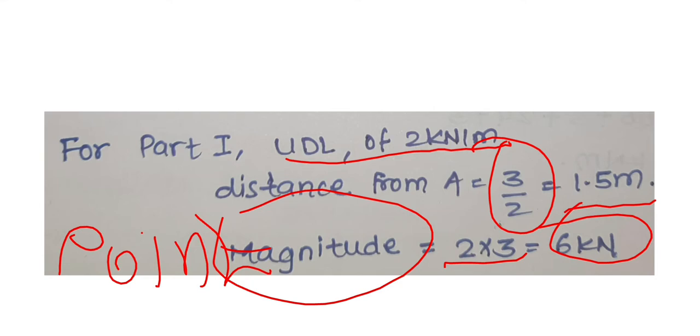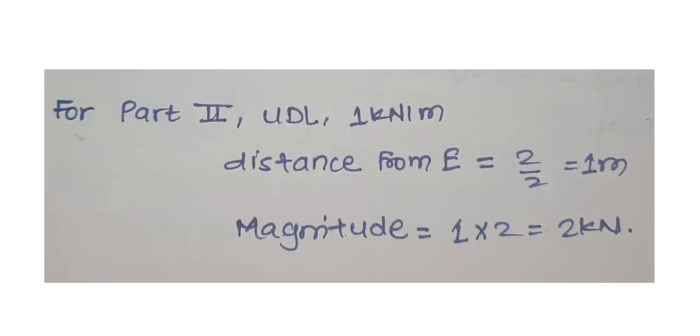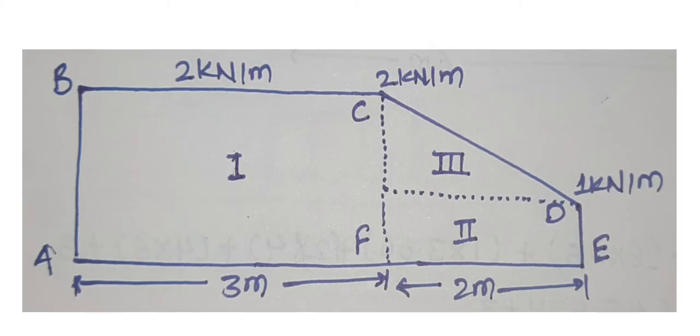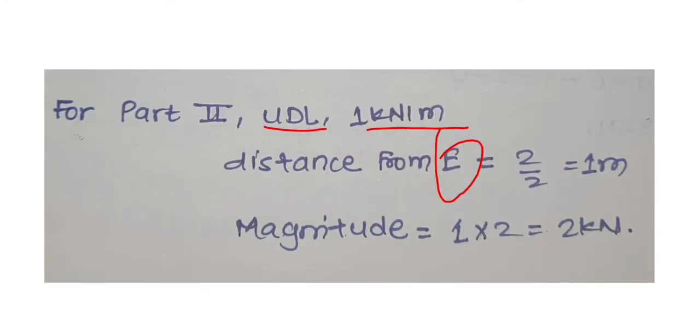We got this. Now consider part 2, which is a uniformly distributed load of 1 kN per meter. The distance from point E. Let's see what point E is. See here, this is point E, and the distance from point E and point F will be the same, that is 2 by 2.